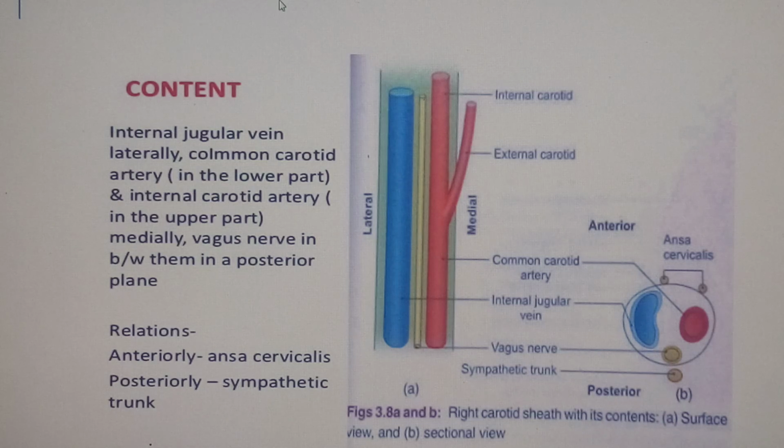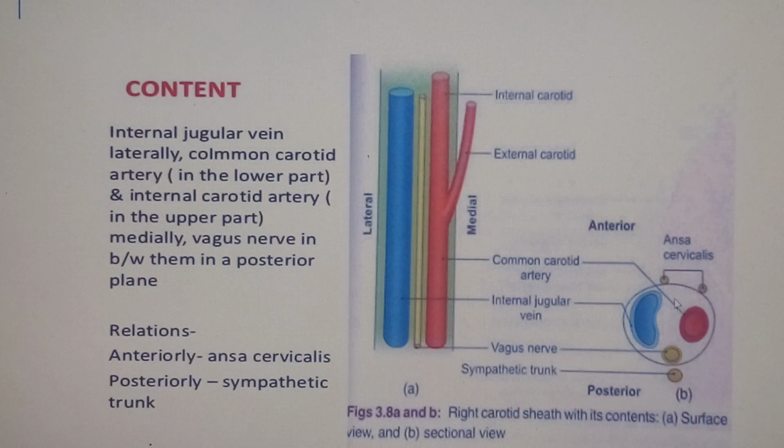Those nerves which traverse the sheath at the most cranial portion will include, of course, the 9th nerve, the glossopharyngeal nerve, the 11th nerve, the accessory nerve, and of course, the 12th nerve, which is the hypoglossal nerve. But these are not usually the content of the carotid sheath; they are found in the most apical portion of the sheath as they traverse backwards and forwards. Okay, that's what you see.